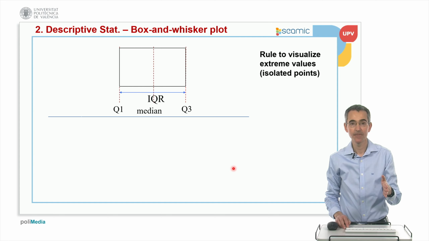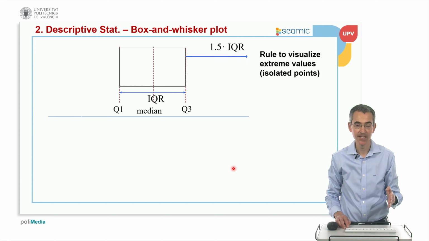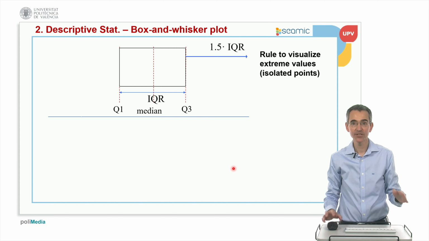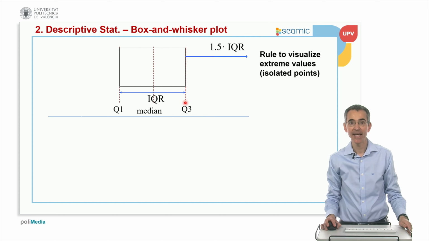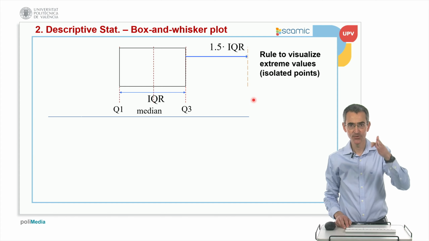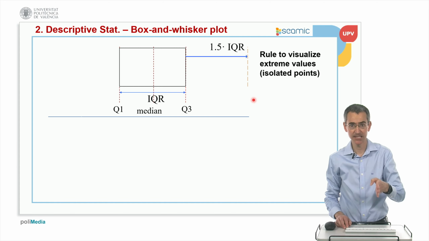Then the difference between the third quartile and the first quartile is the interquartile range. Then I go to the third quartile and add 1.5 times the interquartile range, and this gives me an imaginary limit. I don't draw this limit, but I have to remember that this limit exists and it is there.